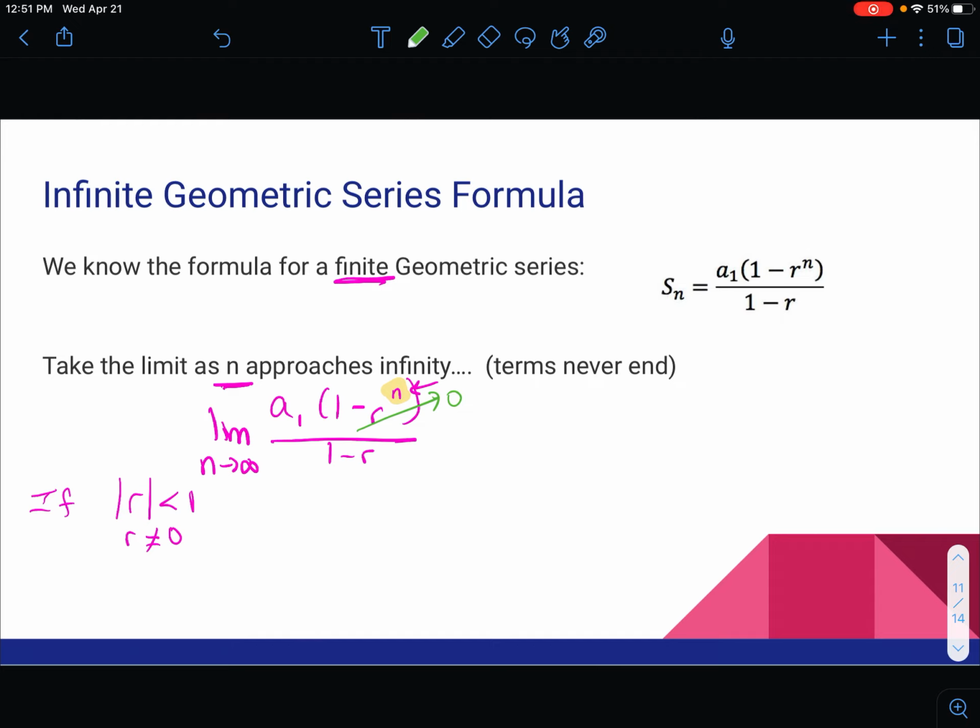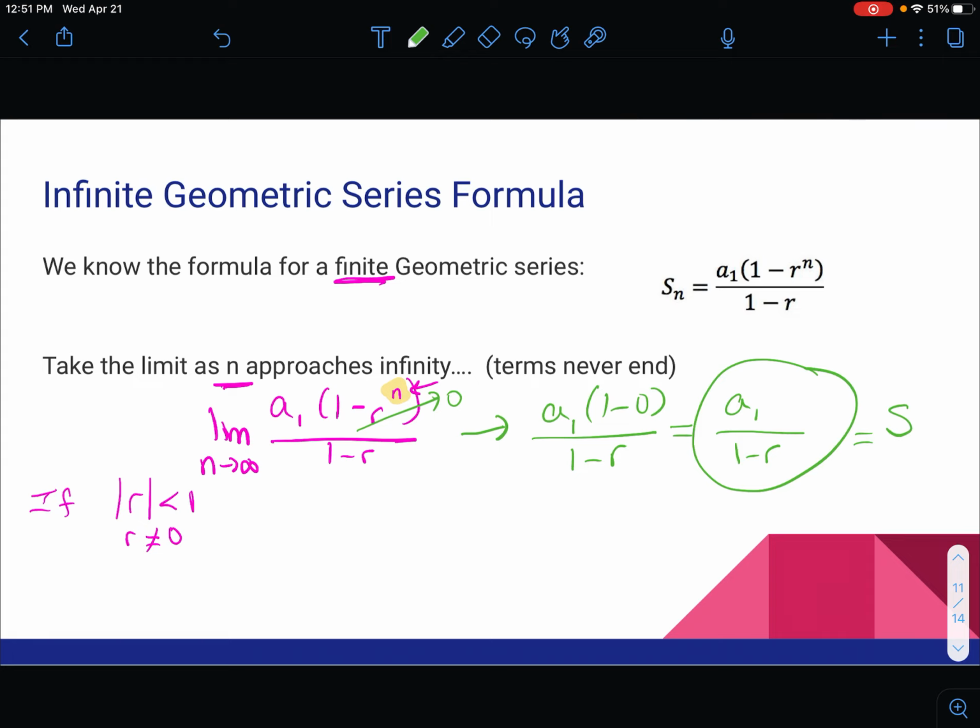So that is going to become negligible. Okay, so since that's the case, it's going to be a sub 1 times 1 minus 0. And this, again, this is as the n gets huge, over 1 minus r, which is just a sub 1 over 1 minus r. And that's actually your formula. This is the sum of infinite terms for a geometric series.